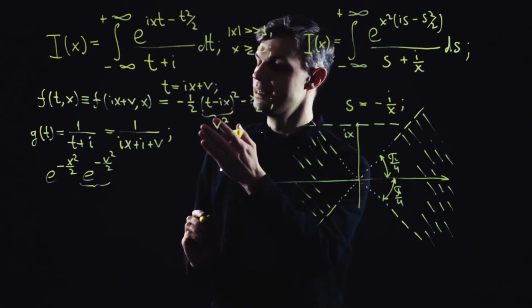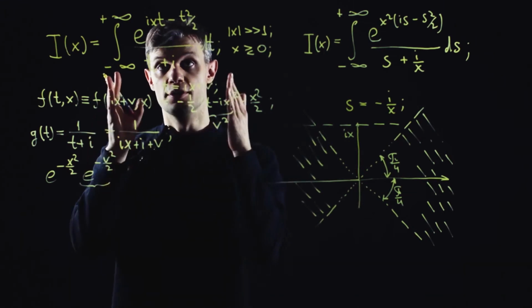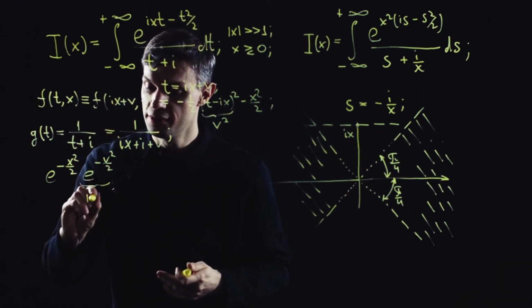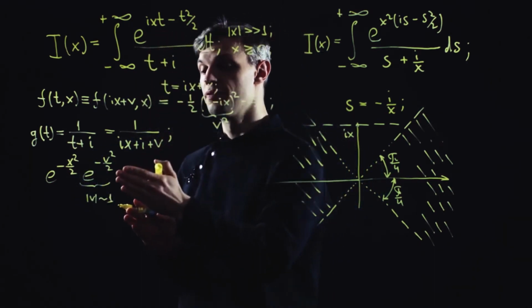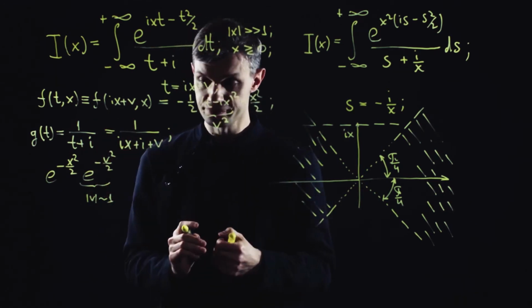And now we see that the v important for the convergence of the integral are of the order of 1. Notice the absence of the large parameter in front of this exponent function.